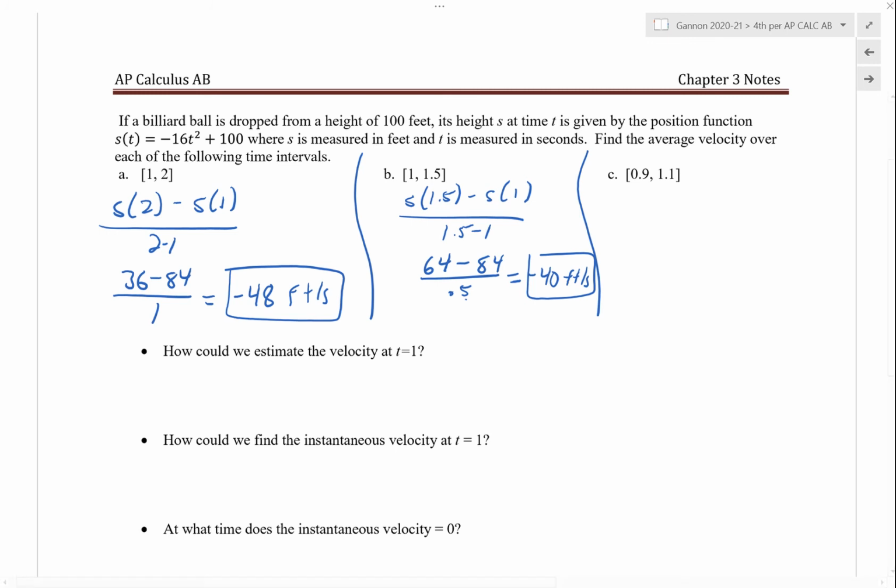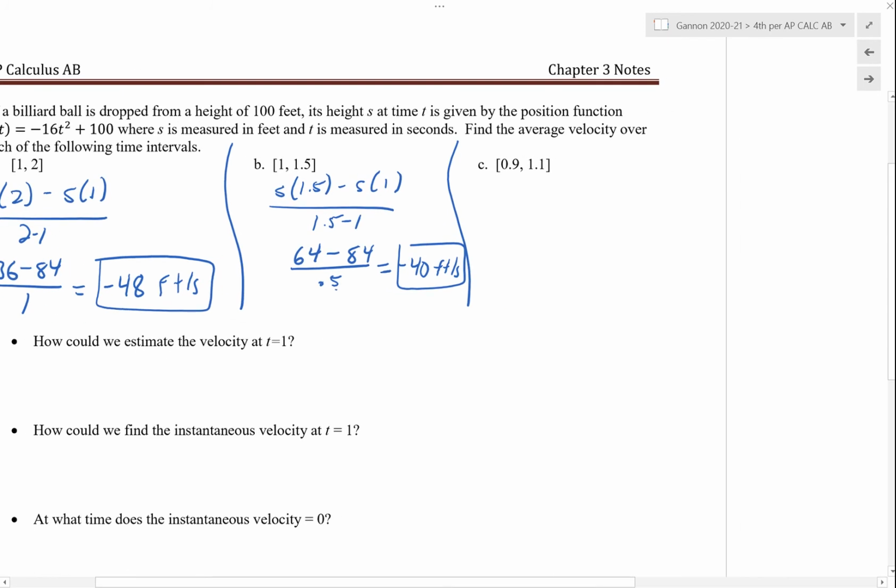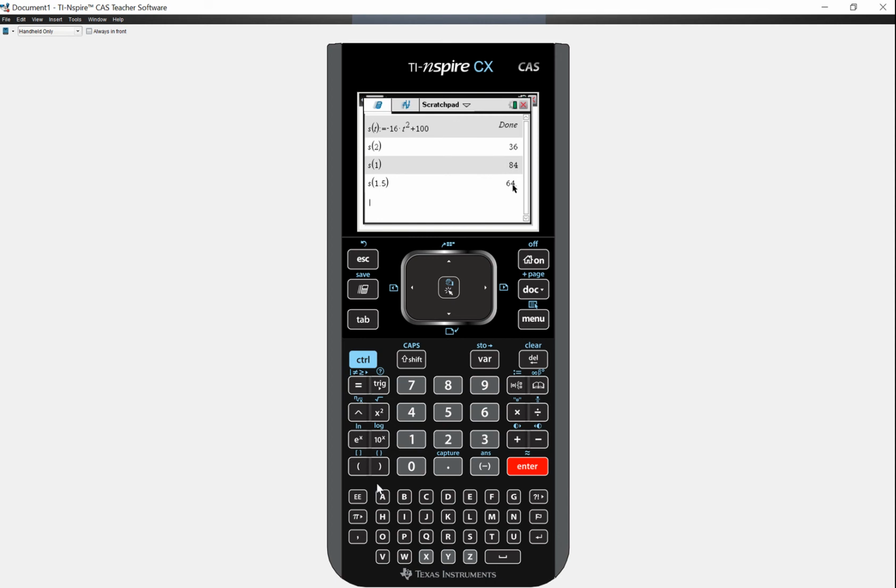And then if I want to do the same thing over the interval from 0.9 to 1.1, which gets closer and closer to time t equals 1, we're going to have s of 1.1 minus s of 0.9 over 1.1 minus 0.9. So again, go back to our calculator. All we have to do is s parentheses 1.1, hit enter.